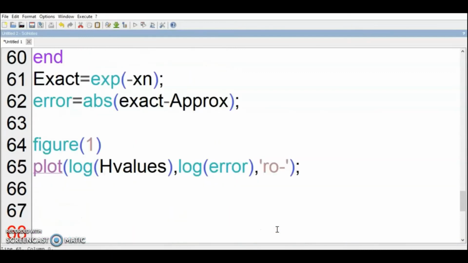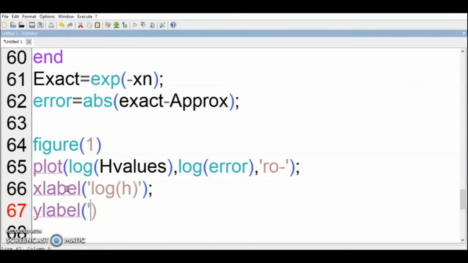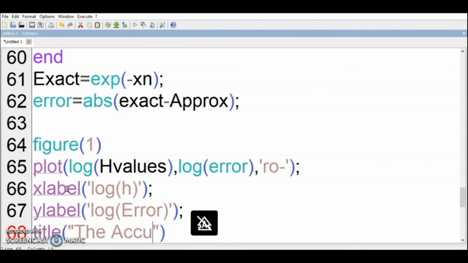Now make sure you label your graph, right? So xlabel, which is the log of step size, log of h, and then ylabel, which is the log of error, and the title, the accuracy plot.